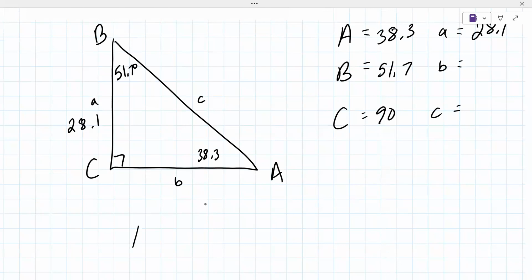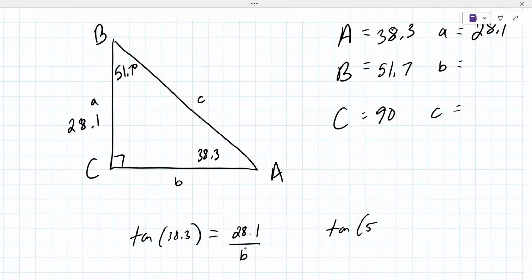They'll say tangent of 38.3 equals 28.1 over B. Maybe you're okay solving this, but notice if you do tangent 51.7, it's B over 28.1. The variable's in a better position potentially.